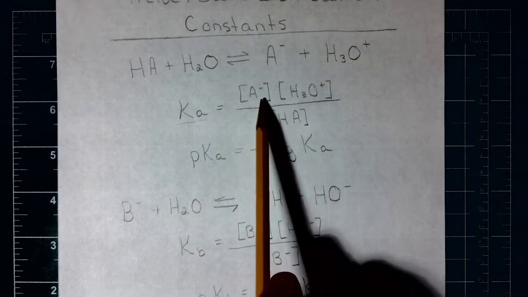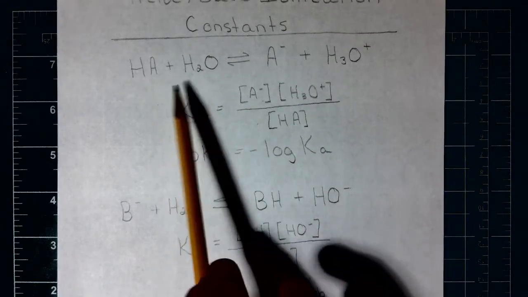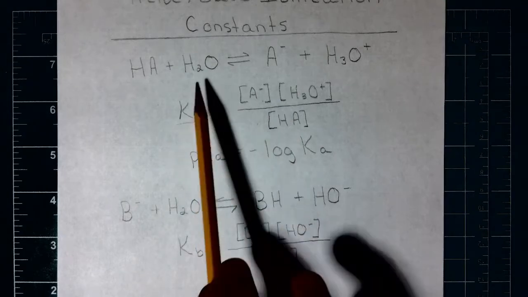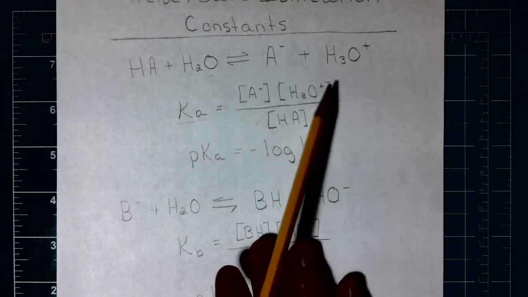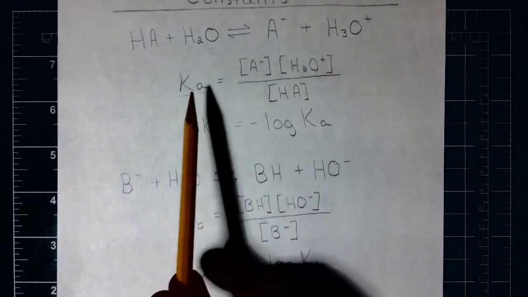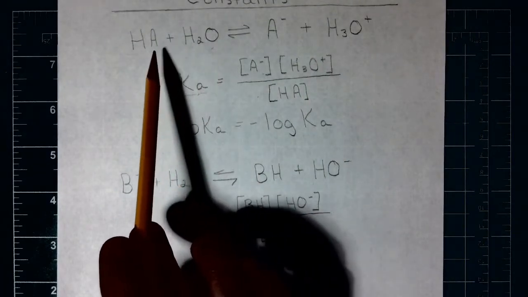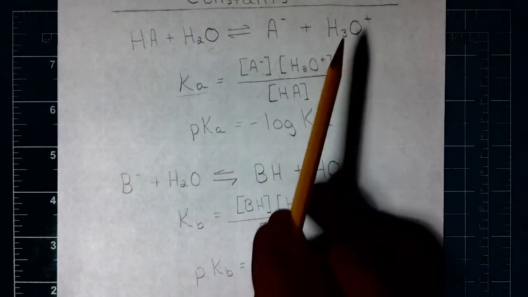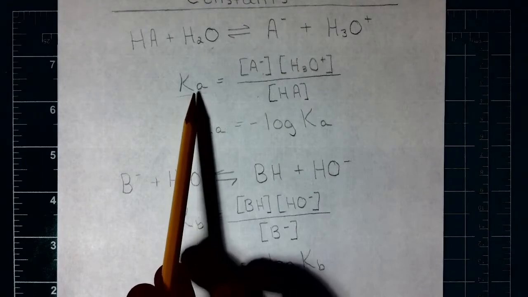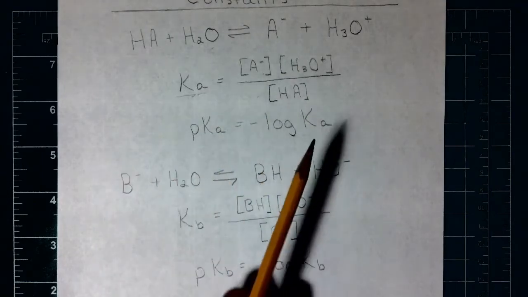And I write it out here with our products over our reactants. Remember that we're going to omit pure water because it's a pure liquid. And we get our Ka. This is now a measure of how strong this acid is, how much it's going to dissociate and move to this side. So this is a quantitative value that allows us to figure out how strong our acid is.